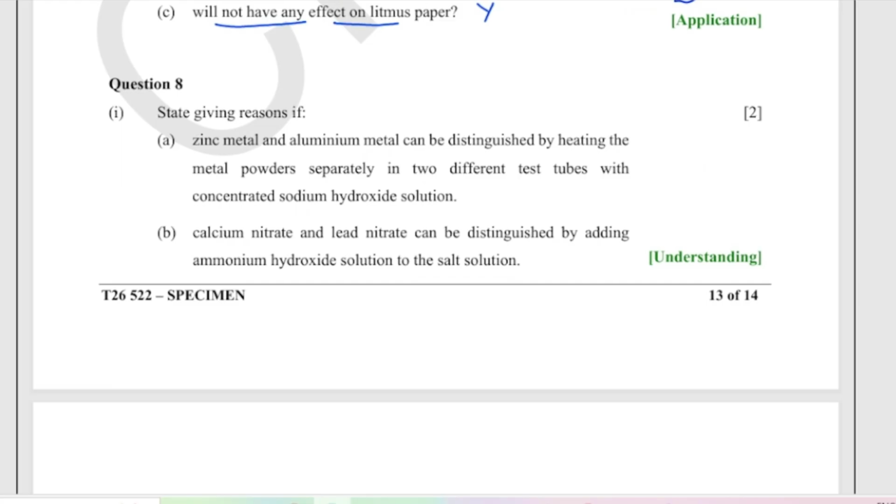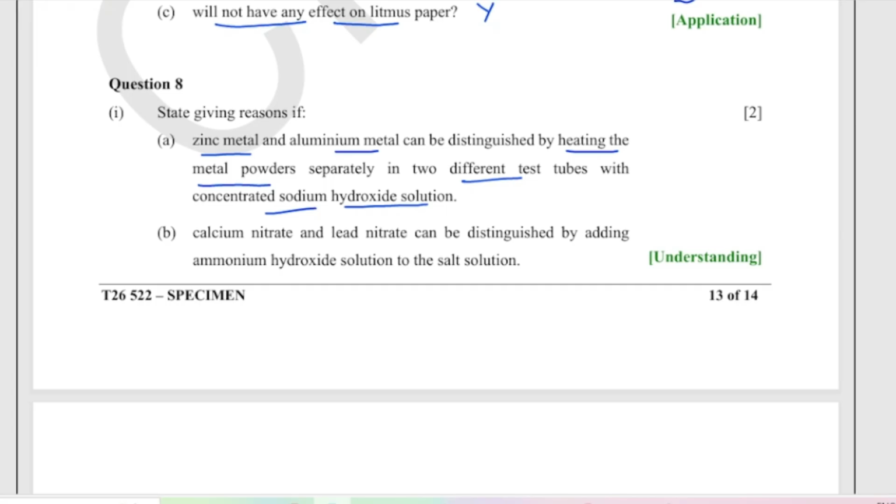Next, state giving reasons if zinc metal and aluminum metal can be distinguished by heating the metal powders separately in two different test tubes with concentrated sodium hydroxide.